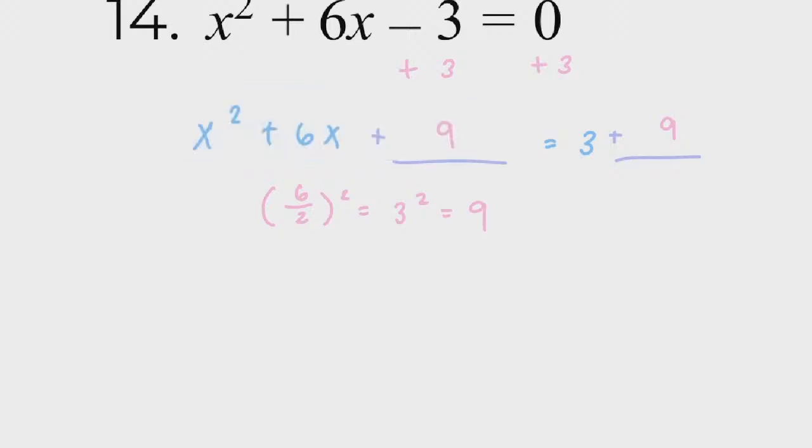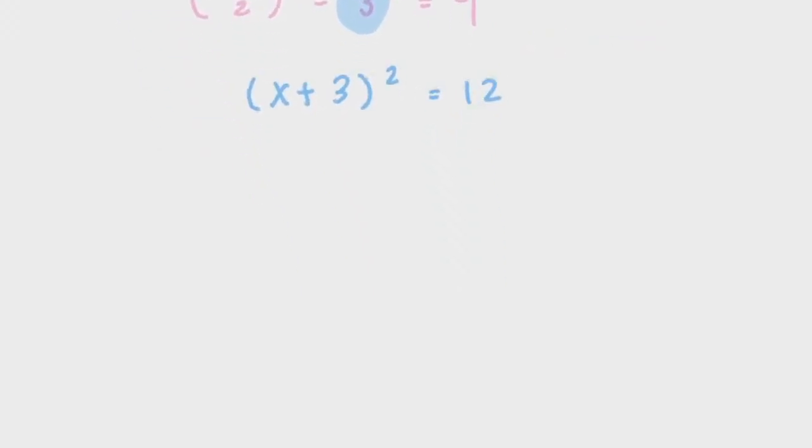x squared plus 6x plus 9 is going to factor into x plus 3 squared, since 3 is the number that we squared when we were looking for the c value, and that's going to equal 3 plus 9, which is 12. Next, to solve for x, we're going to square root both sides.